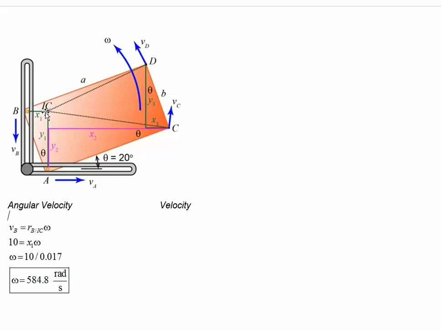If the problem had just stated find the speed of C and D, then we could just use this simple v equals r omega equation again. But they ask for the velocity, so we need directions.